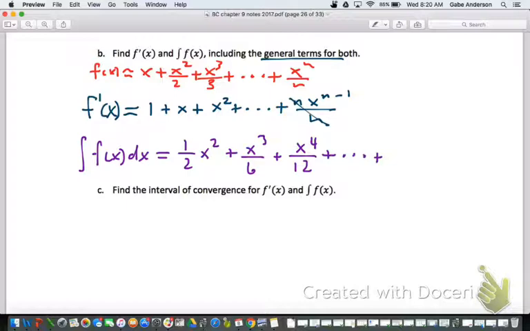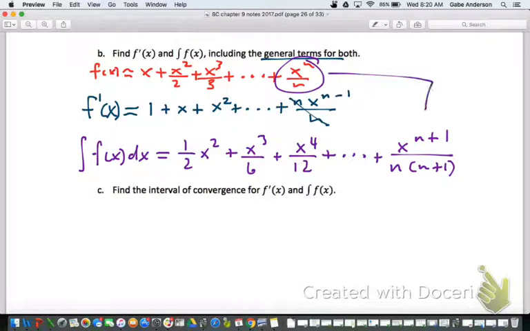I mean, the denominators go 2, 6, 12, and you could definitely do it, there's no doubt. Or you could just take your nth term that you're actually anti-differentiating and anti-differentiate that. So this would end up being x to the n plus 1 over n times n plus 1. Once again, all I'm doing is taking this x to the n over n and anti-differentiating that to generate my new nth term.